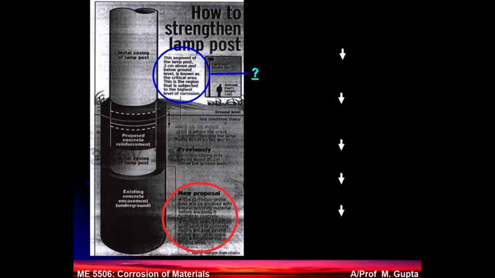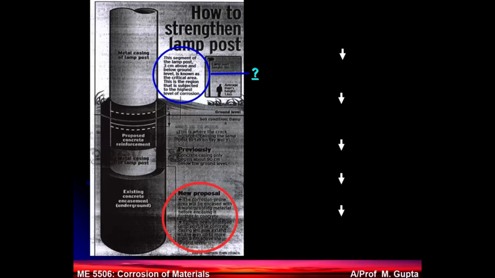A crack will form over time and keep growing. But the system will not fail unless the crack has reached its critical length. Once the crack reaches a critical length, an imbalance of force takes place and your system, in this case the lamppost, will come crashing down.